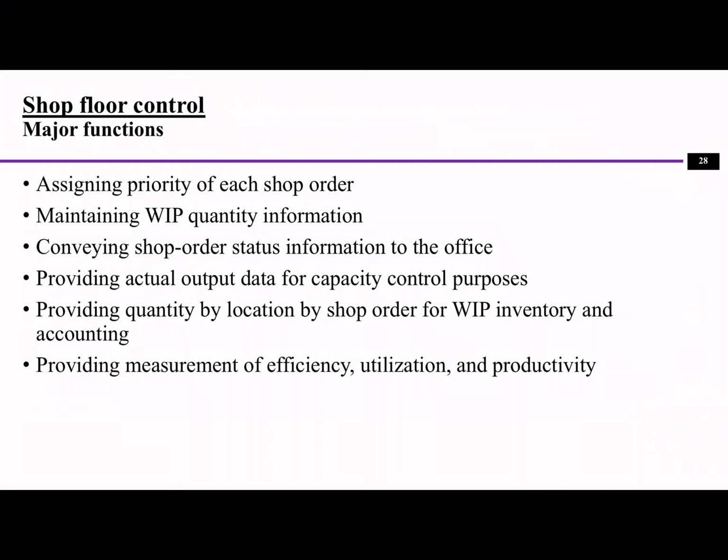So the major functions for shop floor control include assigning priority of each job order, shop order, and maintaining WIP quantity information, and also conveying job order status information to the office, and providing some output data for capacity control purposes, and providing quantity by location, by shop order for WIP inventory and accounting, and providing measurements of efficiency, utilization, and productivity. So basically, these are probably the job duties for a production manager or production engineer, what you need to do in order to keep your production shop floor running.